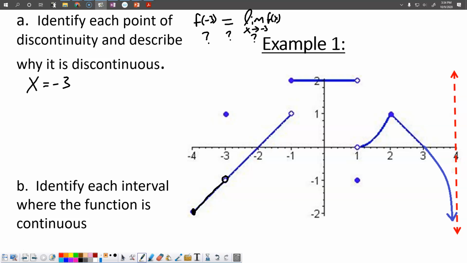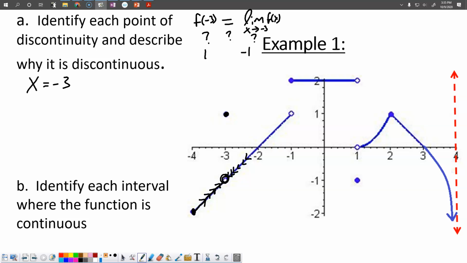Well, let's see. At x equals -3, is there a y value? Yes, there is. There's a y value at -3. The y value is 1. Let's see if the limit exists. The limit can be found by going from the left and also from the right. And if they meet at the same point, which they do, then the limit exists. And the y value that they're getting closer and closer to is -1.